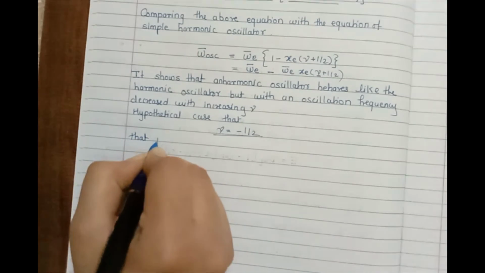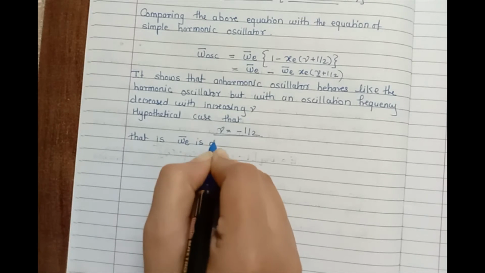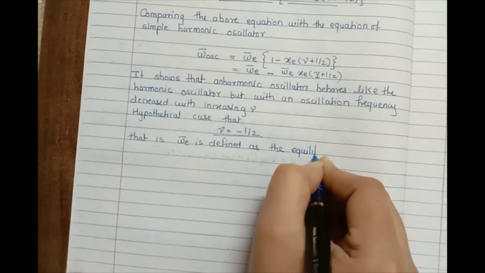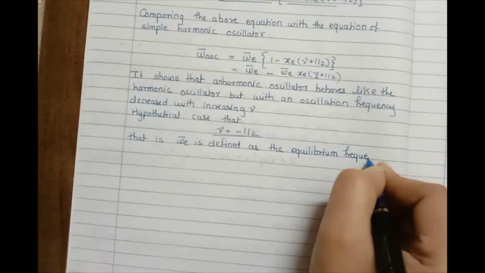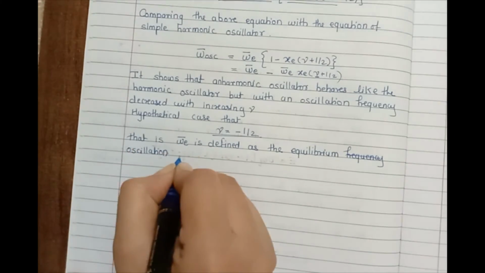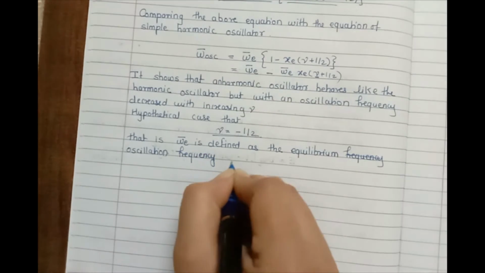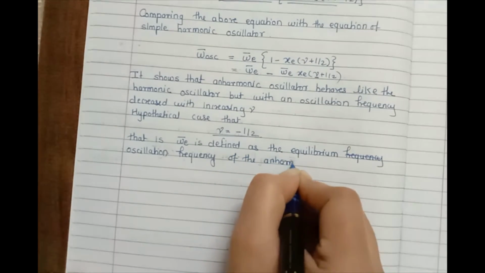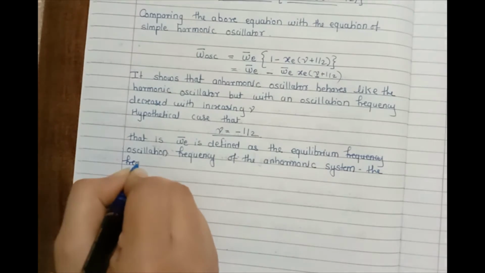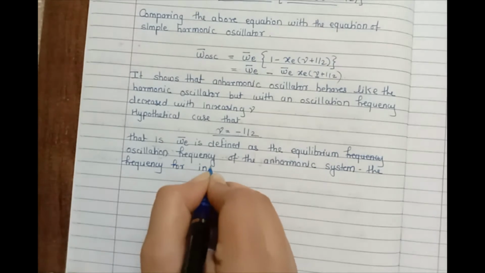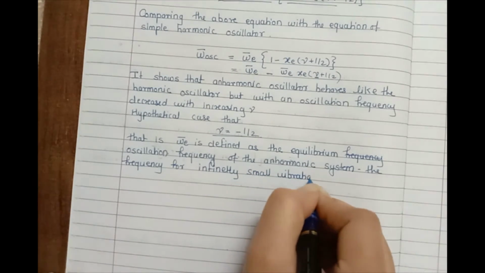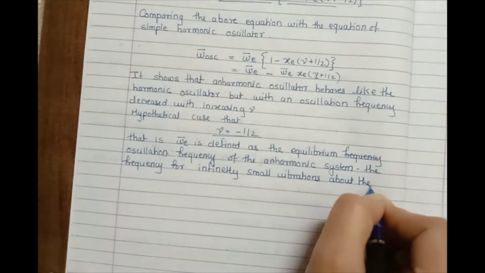That is, omega e bar is defined here as the equilibrium oscillation frequency of the anharmonic system, the frequency for infinitely small vibrations about the equilibrium point.